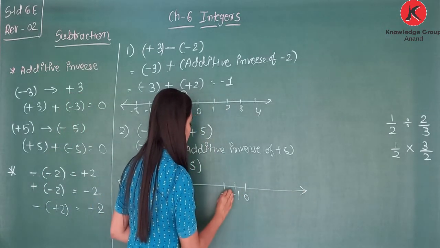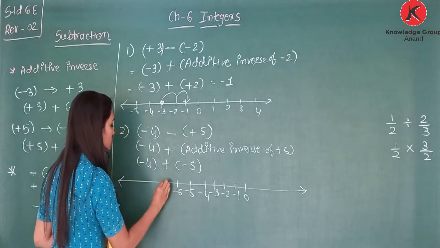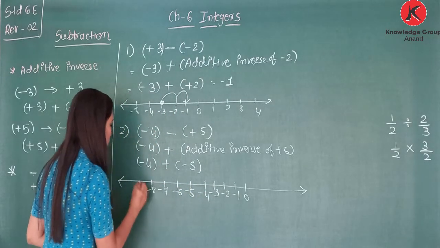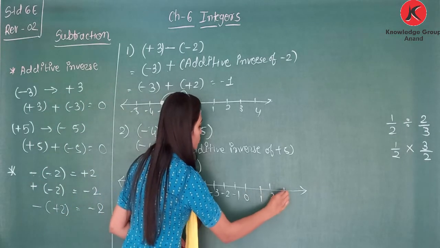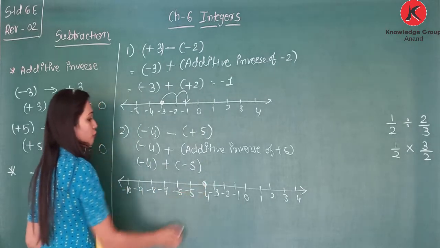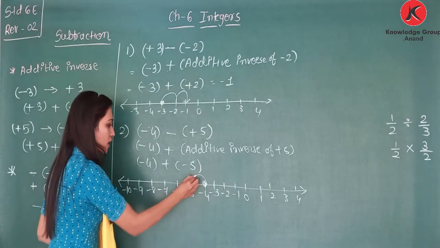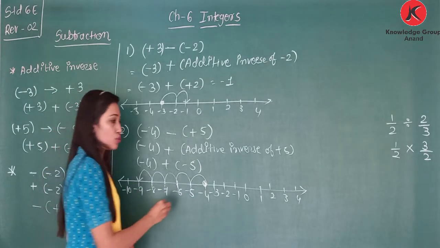On the number line: 0, minus 1, minus 2, minus 3, minus 4, minus 5, minus 6, up to minus 10, 1, 2, 3. Now represent minus 4 as it is, then 5 steps left side. So 1, 2, 3, 4, 5. We reach minus 9.